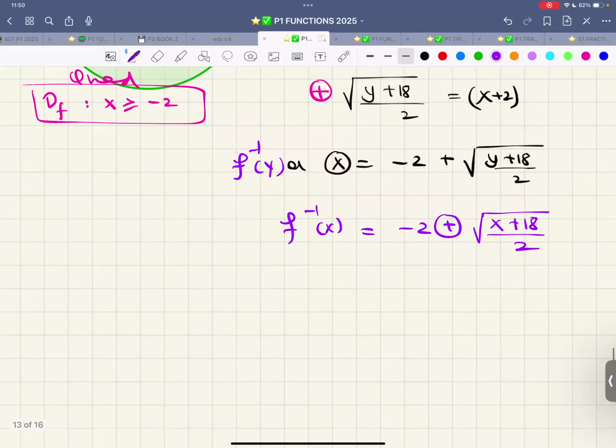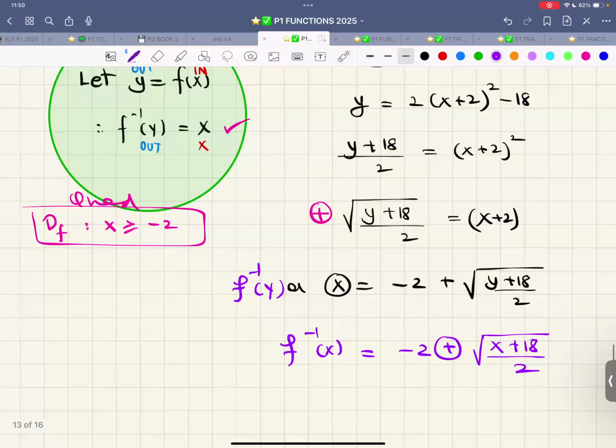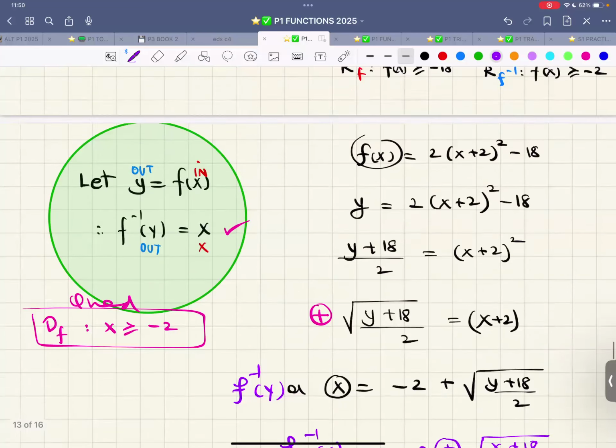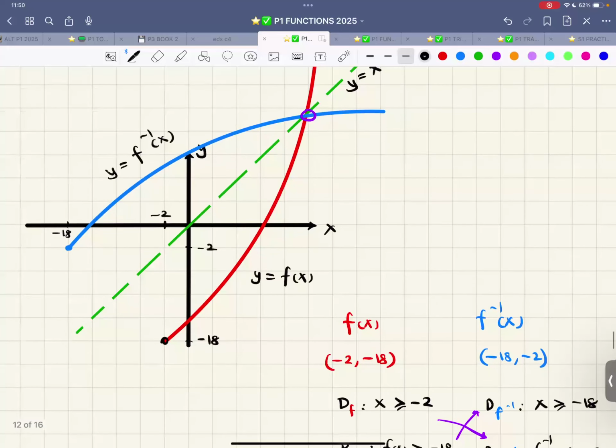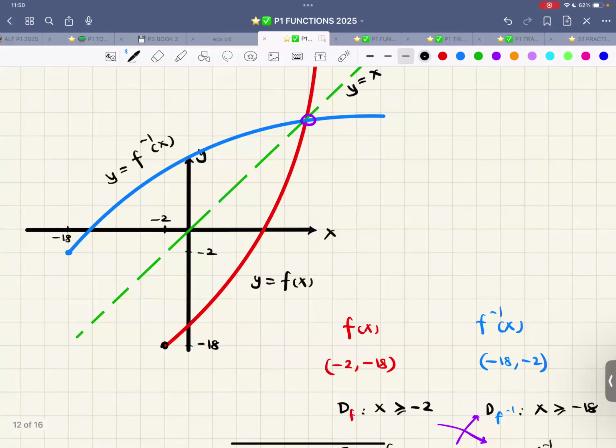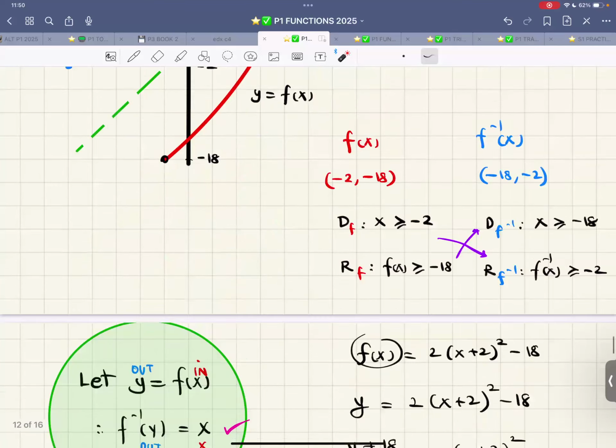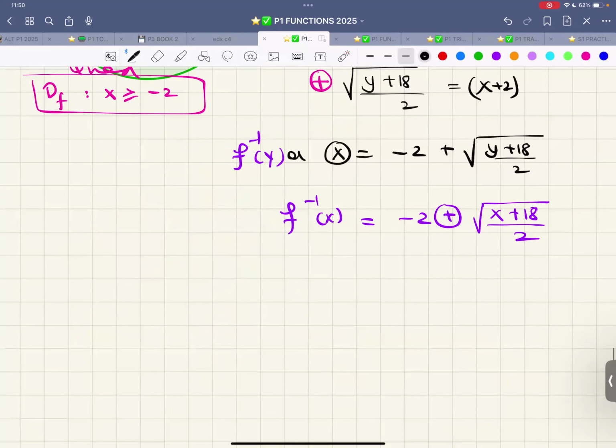Now, let's double check whether we are on the right track or not. So let me choose a value. Let's say I choose a value which is 0. That means in the inverse function, if I plug in 0, I should get some positive value over here. Okay. So now let me plug in f inverse of 0.